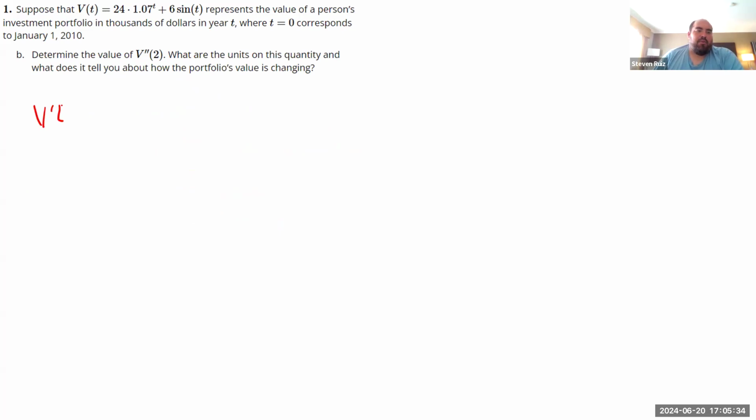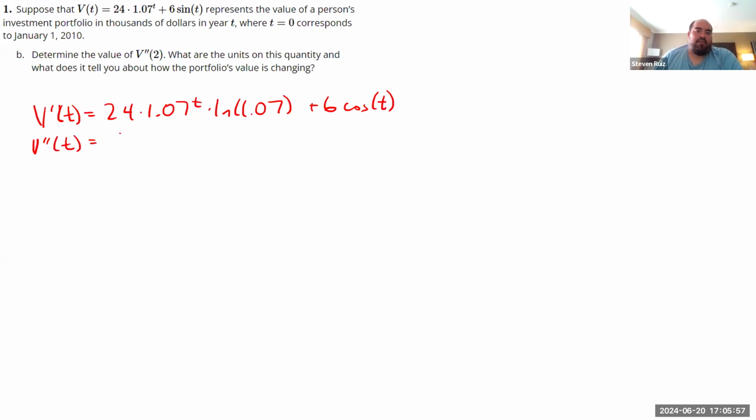Let's just write down again what V prime of t is, because in order to find the second derivative, we need the first. So 24 times 1.07 to the power of t times the natural log of 1.07, plus 6 cosine t. That's the first derivative. The second derivative is the derivative of the first derivative.